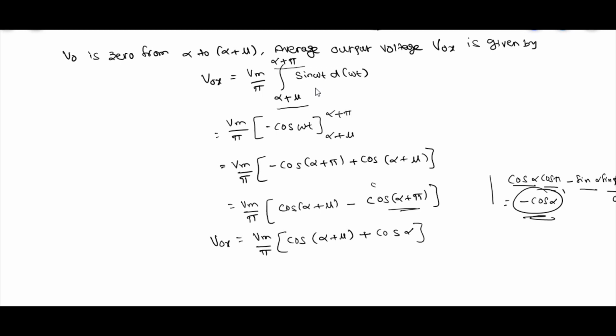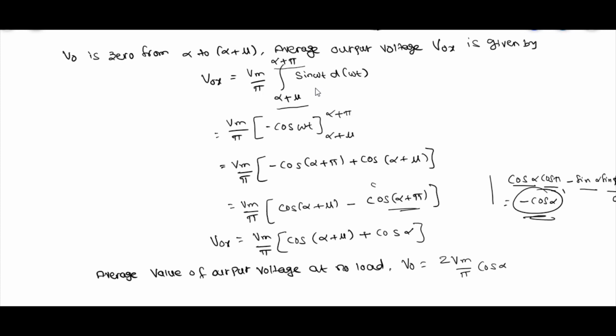Without considering this Ls in this condition, what is the average value of the output voltage in the case of full converter? Average value of output voltage at no load is given as V naught equal to 2 Vm by pi cos alpha.